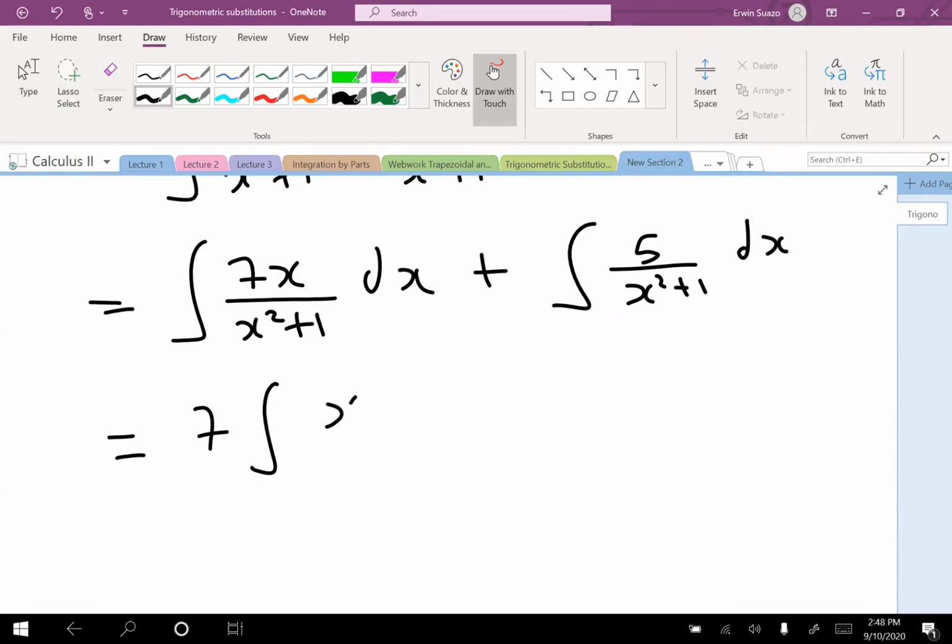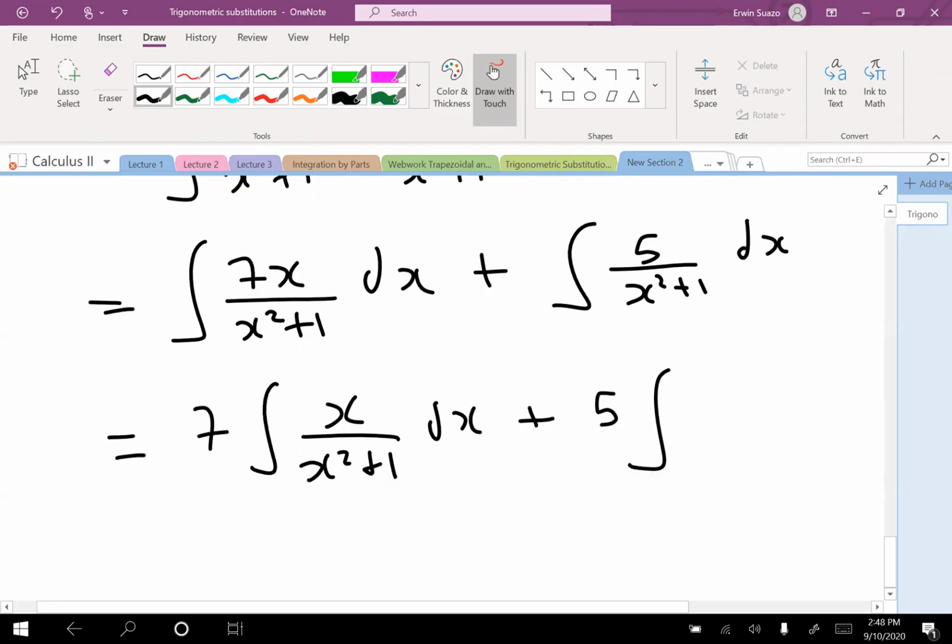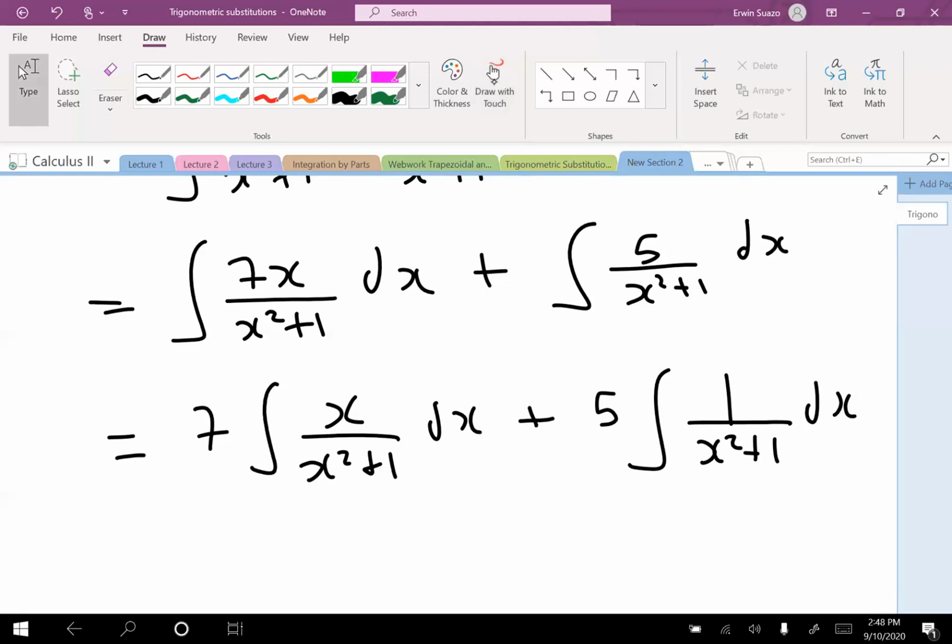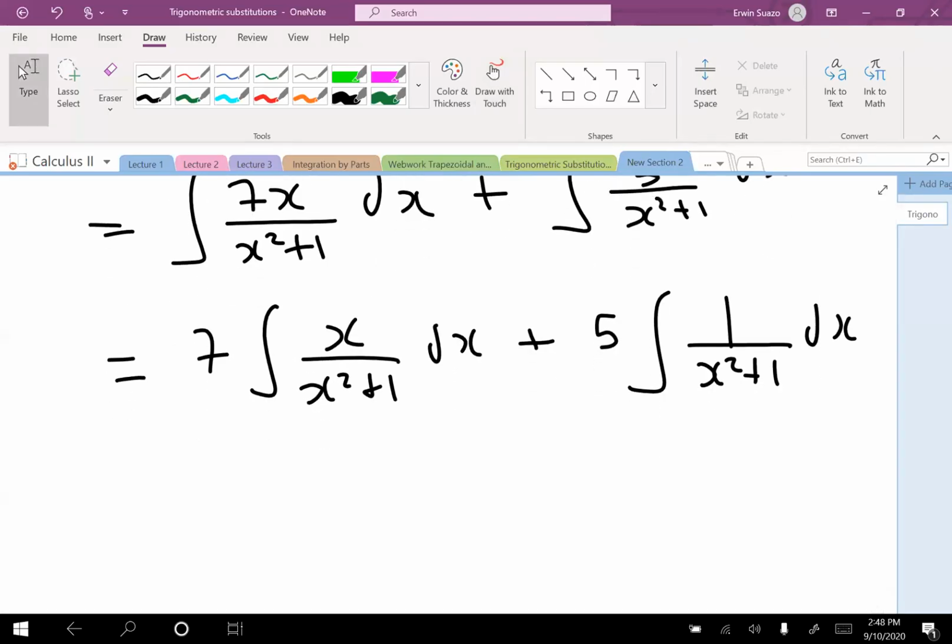7 times the integral of x over x squared plus 1 dx plus 5 times the integral of 1 over x squared plus 1 dx. So what is the antiderivative of the second one? What is the antiderivative of 1 over x squared plus 1?